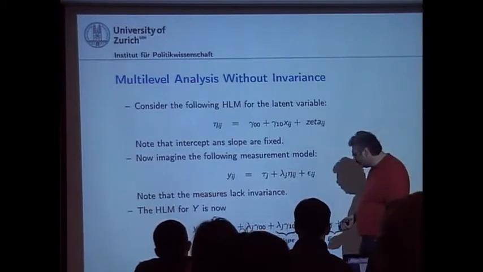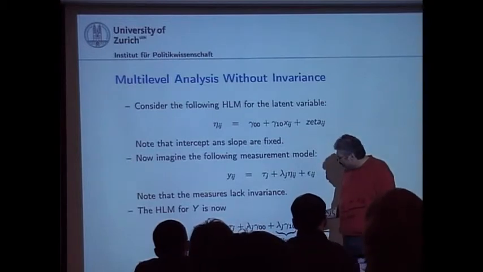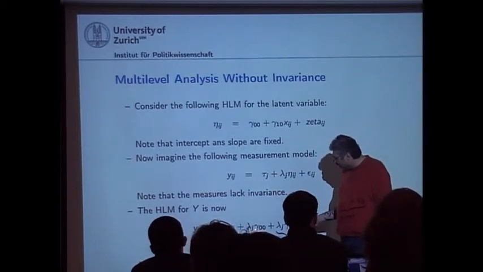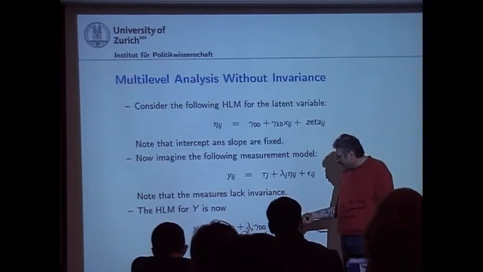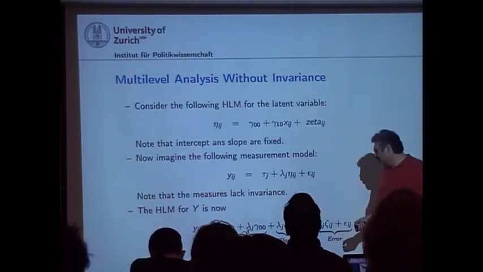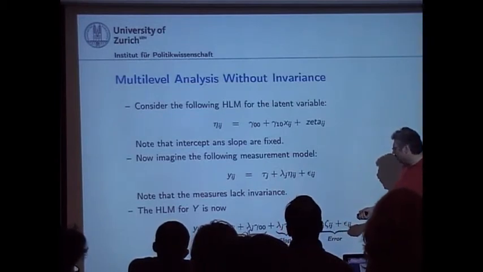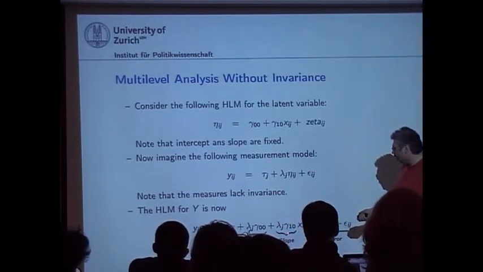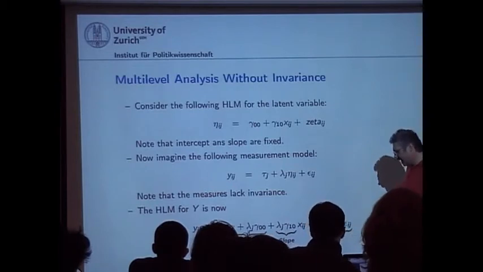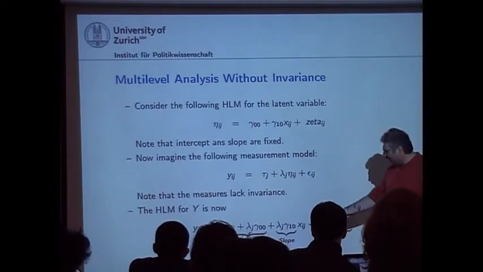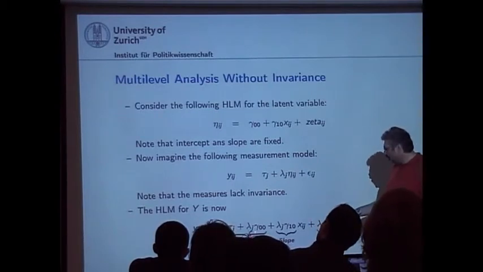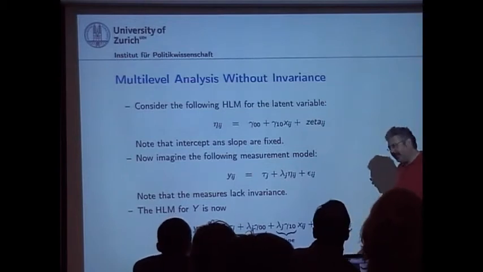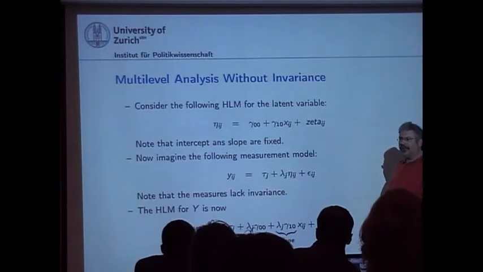What's important to notice here is that this tau j plus gamma j plus lambda j gamma 0,0 now varies in j, and this slope lambda j gamma 1,0 xij also varies in j. And if you don't pay attention, since we can't estimate all of these terms, they're sort of rolled into one estimate of the intercept and one estimate of the slope, you will get an intercept and a slope that vary.